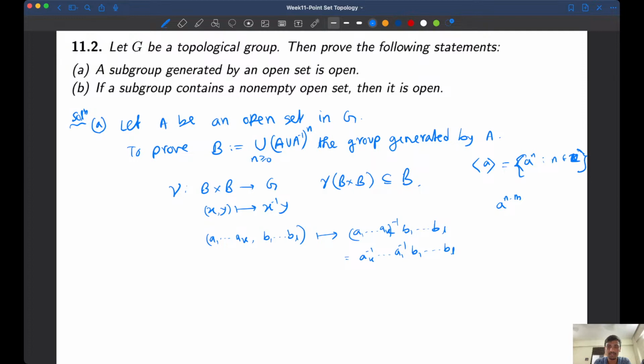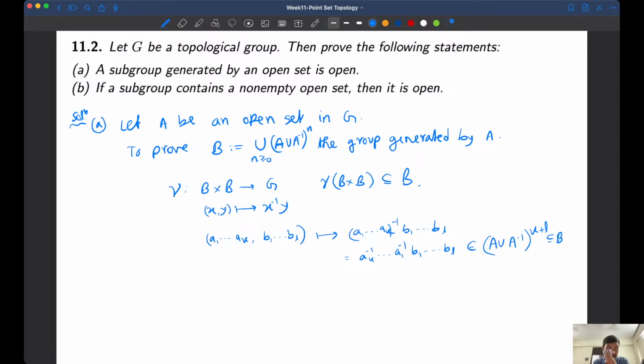So in particular this is a subset of B, so this belongs to B. That means gamma, B cross B, is contained inside B. Is this clear? To show anything is a subgroup, you have to check that if you pick two arbitrary elements x and y in B, and then if I can show that x inverse y belongs to B, then it is a subgroup of the ambient group G, right?